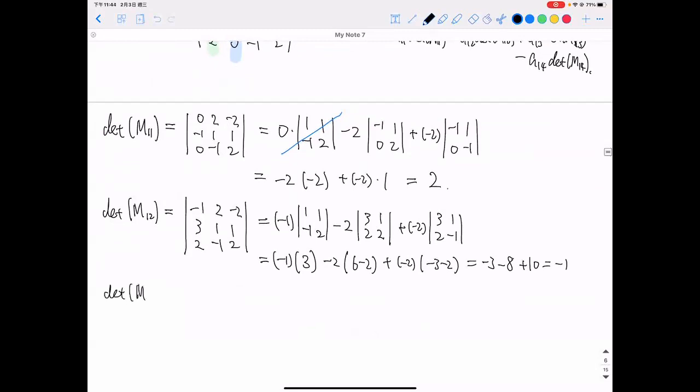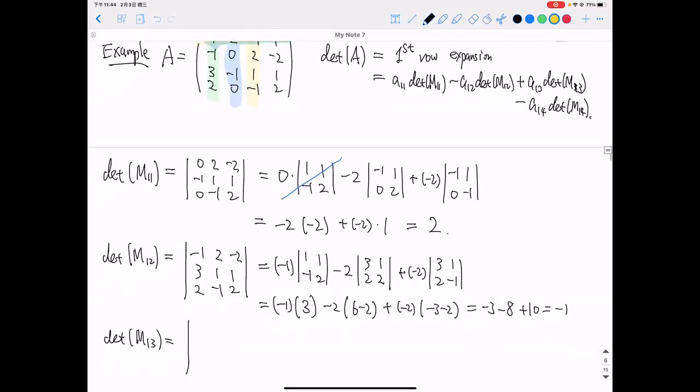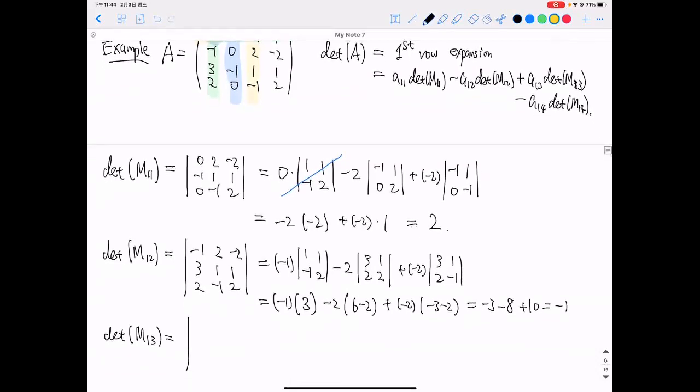Now, for M13, what do we do? We again delete the first row, third column. What's left, since the third column is gone, is minus 1, 3, 2; 0, minus 1, 0; minus 2, 1, 2.